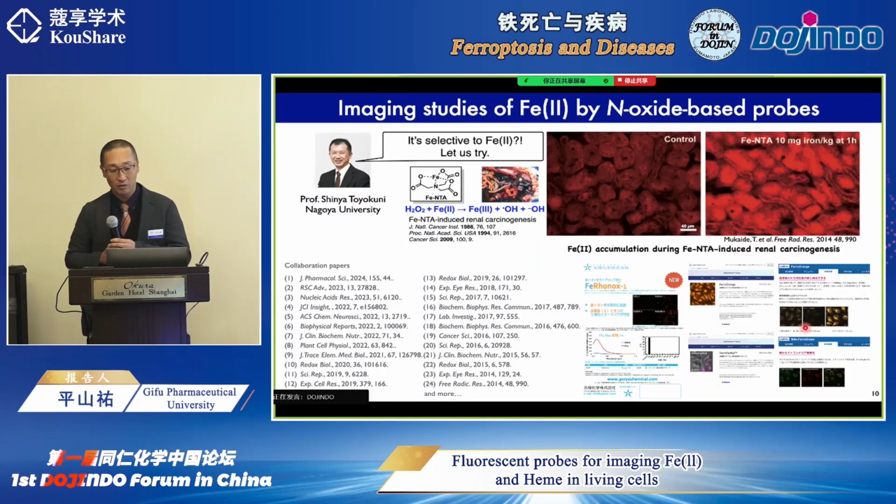And I was lucky to have a good collaborator, Professor Shinya Toyokuni from Nagoya University. He was supposed to attend this meeting, this forum, but unfortunately he is not able to be present because of sickness. I'm very sorry.